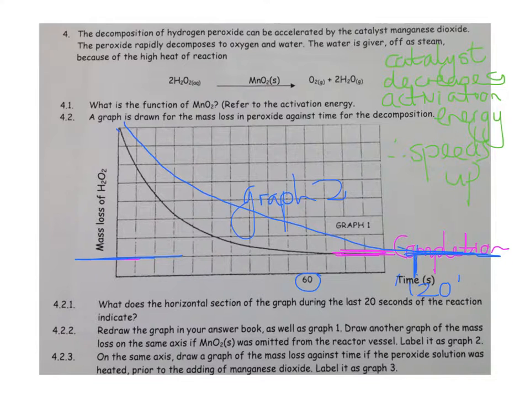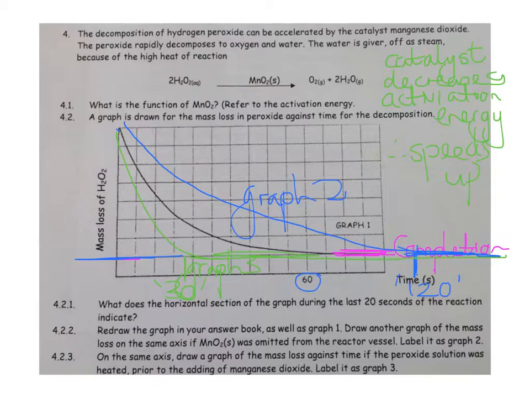Then they say draw another graph. This time, mass loss if the peroxide solution was heated. So now we want to reach this completion point much sooner. So I'm going to come straight down like that, and that is my graph 3. Notice, for argument's sake, that that's 30 seconds.